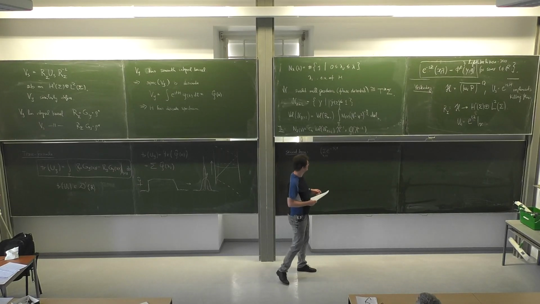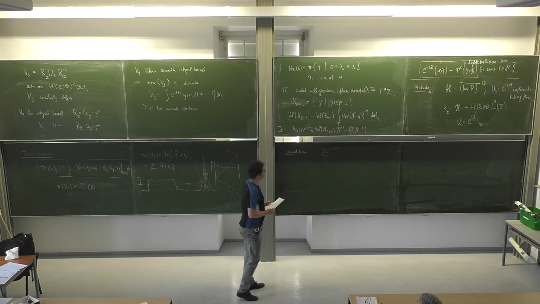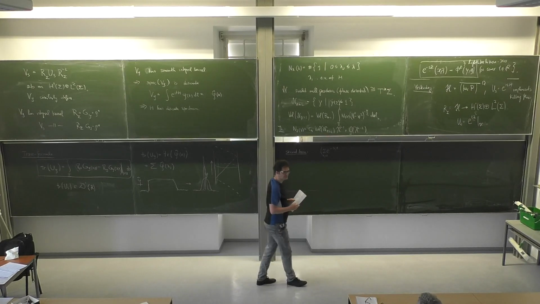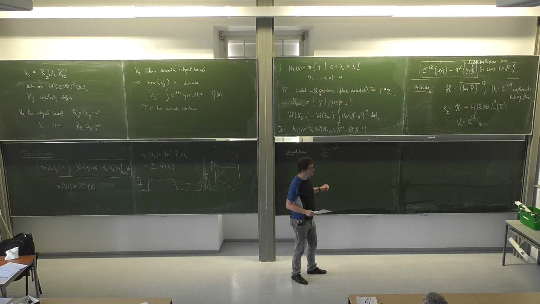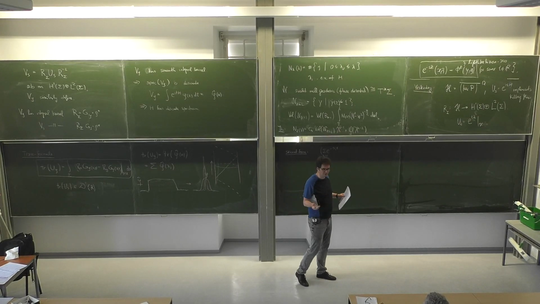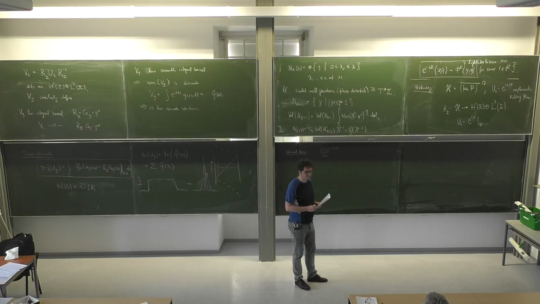No, I don't think so. I think it's the same as for closed manifolds. Yes, that's right, that we also proved. In general you wouldn't expect to have a second term.